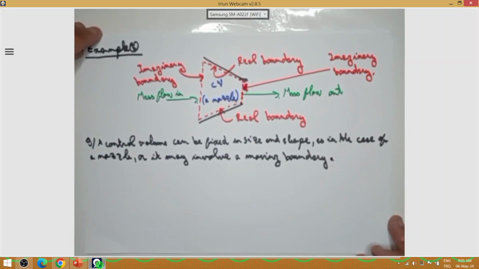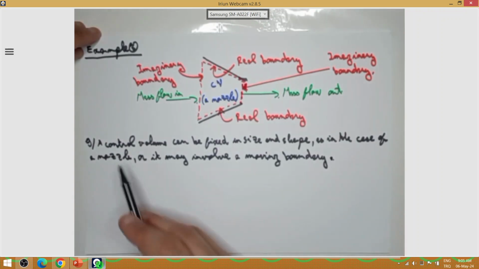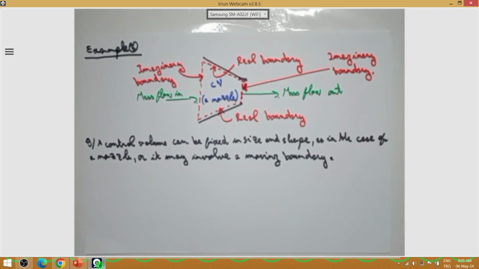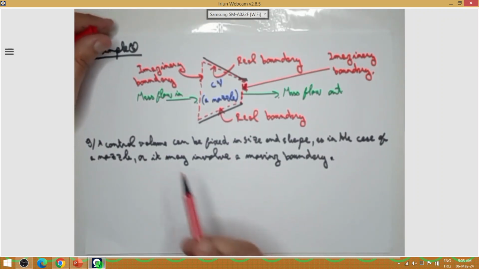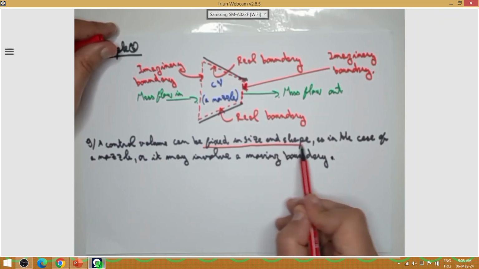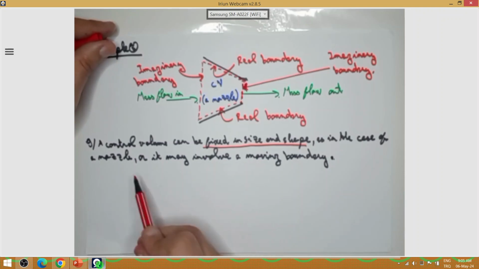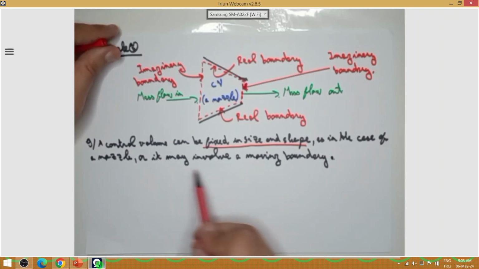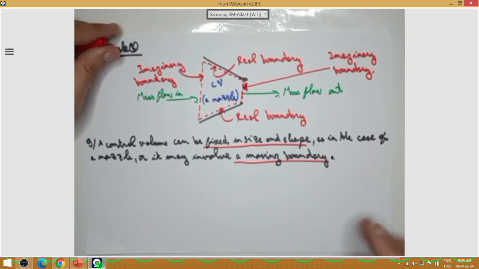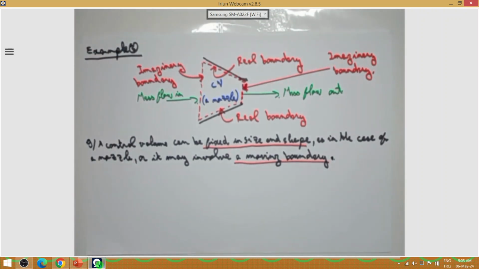So here we just say that a control volume can be fixed in size and shape, as in the case of a nozzle, or it may involve a moving boundary.